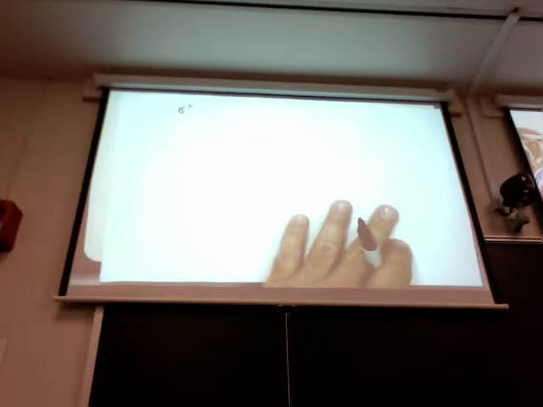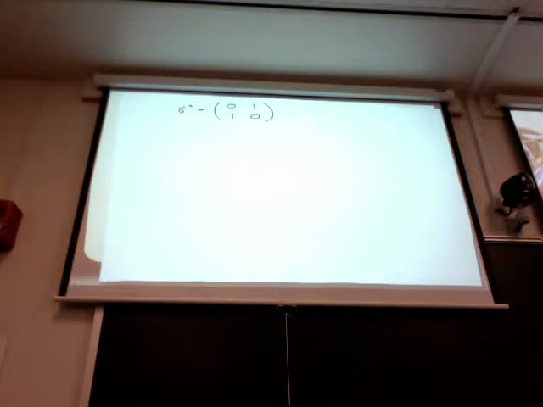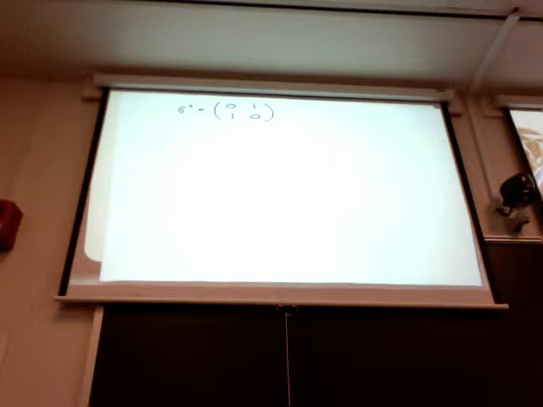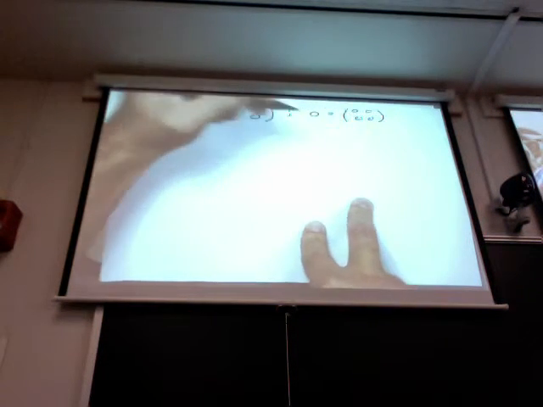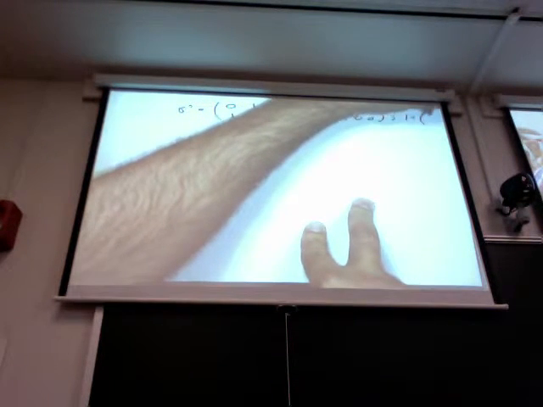This saves you from writing 16 components, knocking it down to 4 blocks. In this representation, gamma 0 looks like this, where the 1s and 0s represent 2 by 2 matrices: the 0 is a block of zeros and the 1 is the identity matrix.